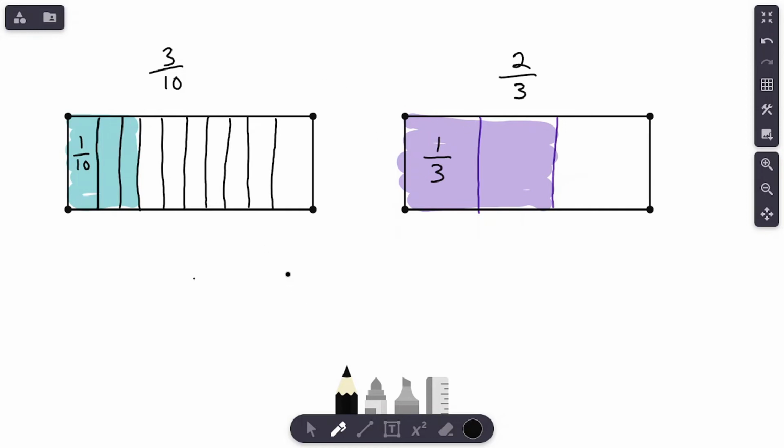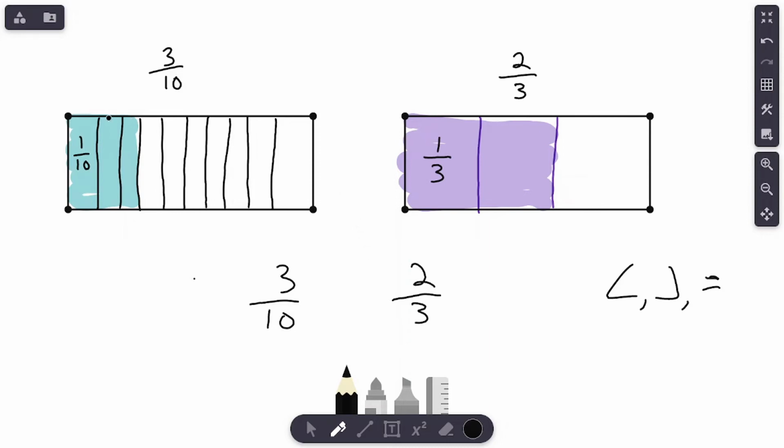So if I look at these two fractions and I look at our fraction models and I try to decide which of my comparison symbols is going to go in the middle here, which one are y'all choosing? Seems kind of really obvious to me.